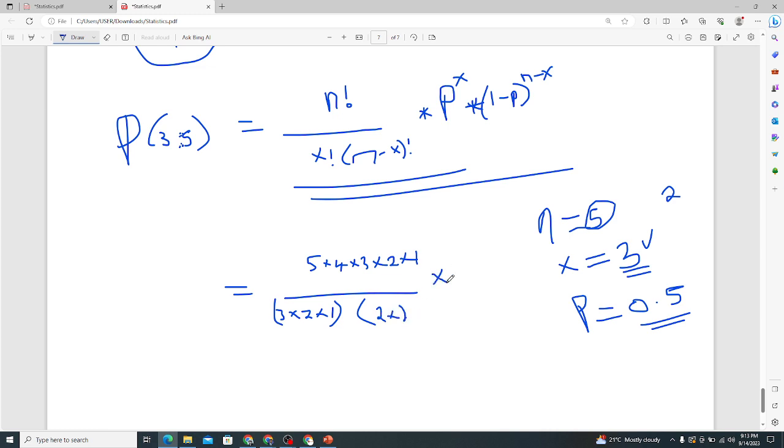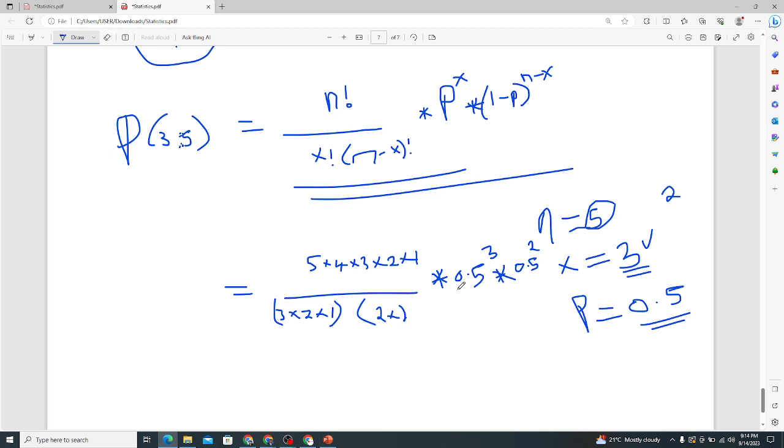Then multiply by 0.5, which is our probability of success, raised to the number of successes, which is 3. Then multiplied by the probability of not success, which is 1 minus 0.5, so 0.5 raised to n minus x. N minus x, we've seen, is 2. So raised to 2.